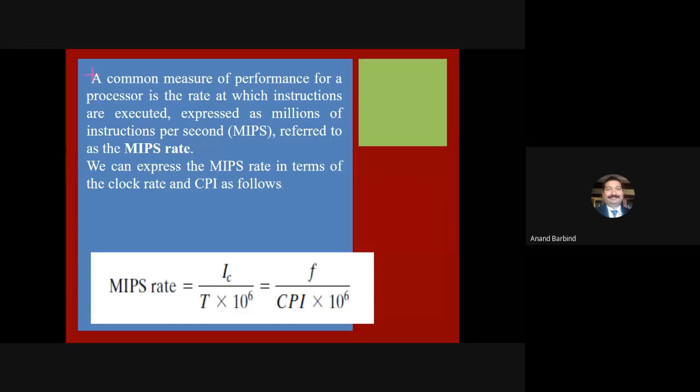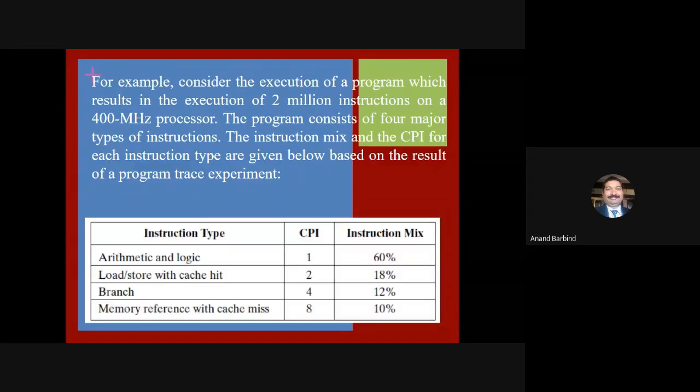Okay, so yesterday in the last class we already discussed one example to calculate the average CPI and to calculate the MIPS rate. This is the example that we discussed.